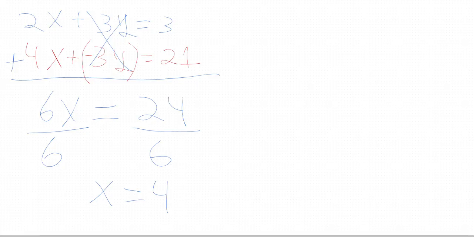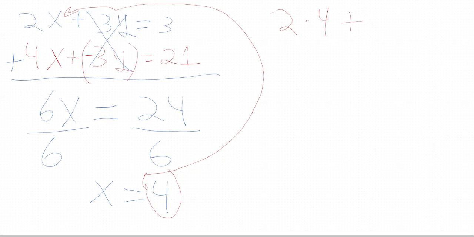Alright, now we're going to plug this 4 in. We're plugging this in, and we're going to rewrite it over here as 2 times 4 plus 3y equals 3.